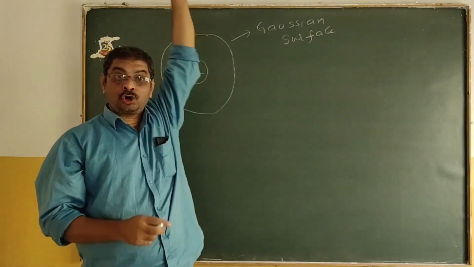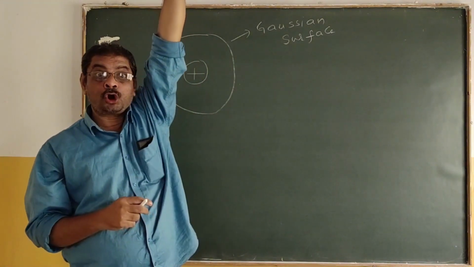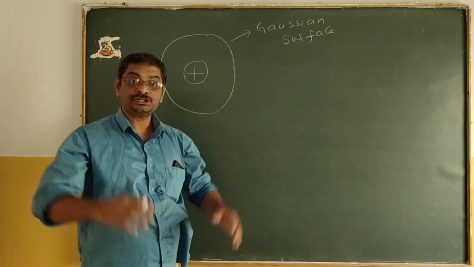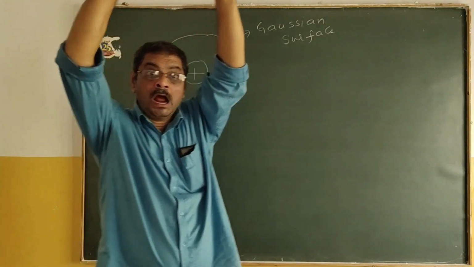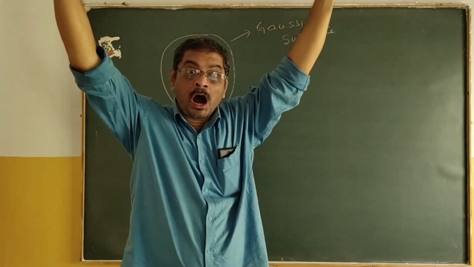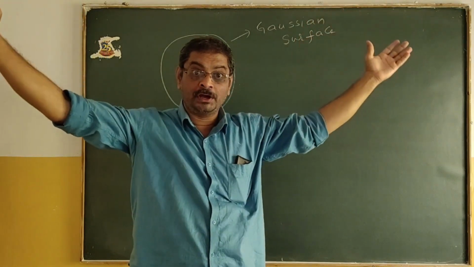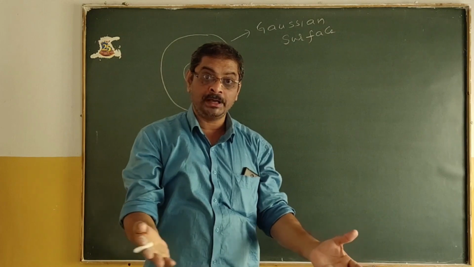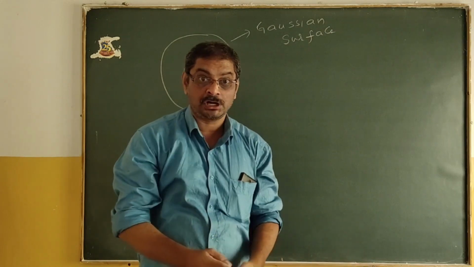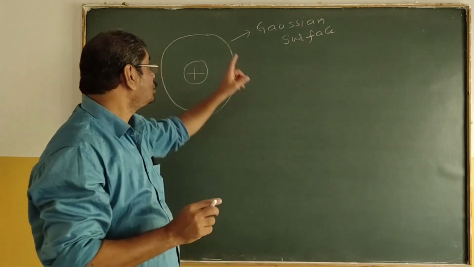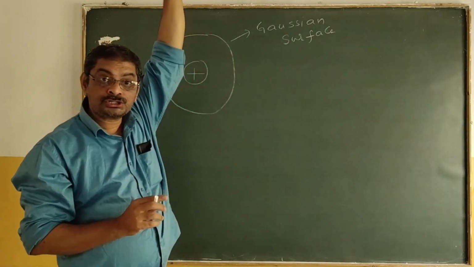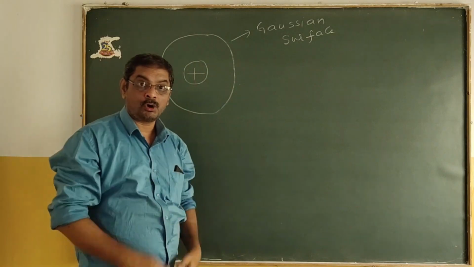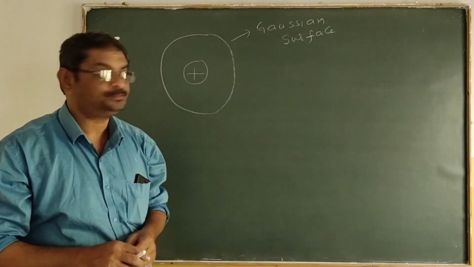So now consider a positive charge, and I am drawing a closed surface surrounding the positive charge. This closed surface will be generally called the Gaussian surface.